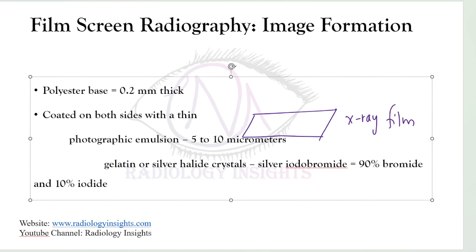Each of these silver halide crystals is around 1 micrometer in size and contains a million or more silver atoms.